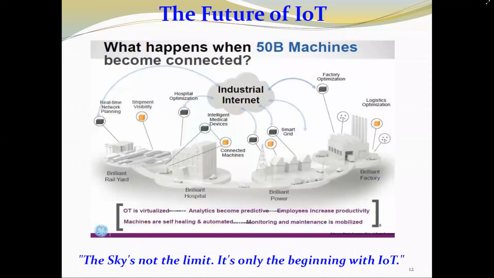ओके, द फ्यूचर ऑफ IoT की अगर हम बात करें तो IoT is now everywhere. Like what happened when 50 machines become connected, right? Now you know that industries की अगर हम बात करें तो they want fully automatic machineries, like that the machinery can think itself and then modify itself, right?